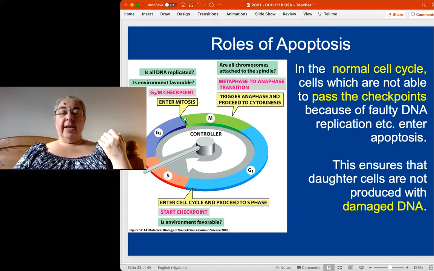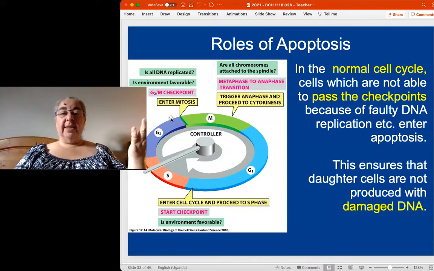So in that case, the cell wouldn't pass the G2M checkpoint. It wouldn't go on to mitosis. So what it would do would be to go into apoptosis, and then the cell would be destroyed. The mistake that was made would be corrected, and cell division could replace that cell with one that is not damaged.